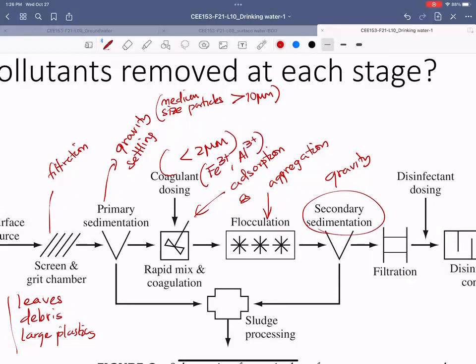So you add positive charge, which removes that negative surface charge of particles. The moment you remove the negative charge, they don't experience any more repulsion. Now they can come close together and bind with each other because they don't have that repulsive force. That's the basic mechanism behind it.